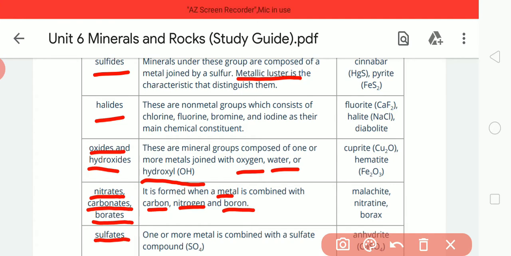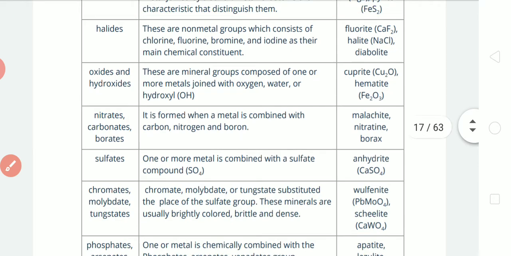Now sulfates are composed of one or more metals that are combined with a sulfate compound. Example, we have here anhydrite.